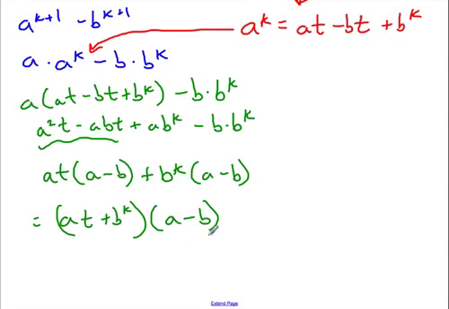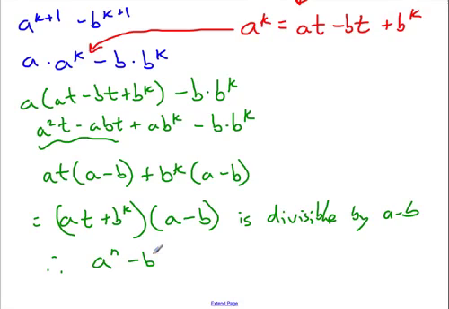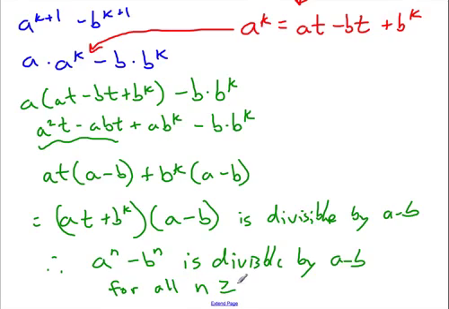So since a minus b is a factor here, this is also divisible by a minus b. So therefore, any binomial a to the power of n minus b to the power of n is going to be divisible by a minus b for all n greater than or equal to 1.